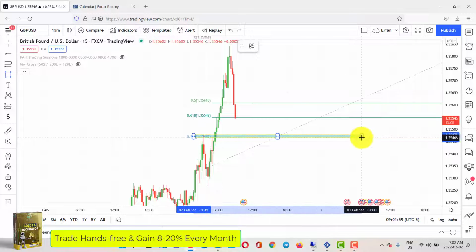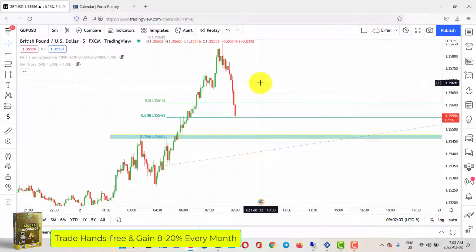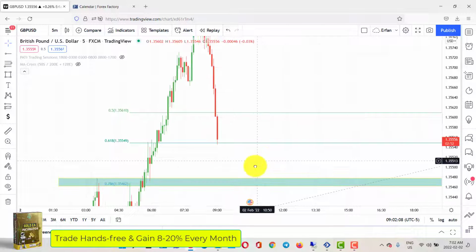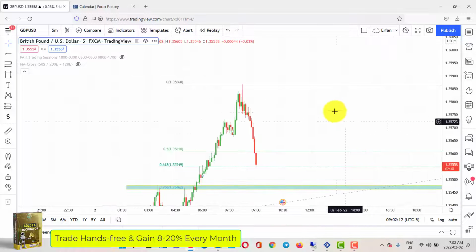We have support level here, very strong one. No high probability order block, not that I'm aware of. There's nothing here.